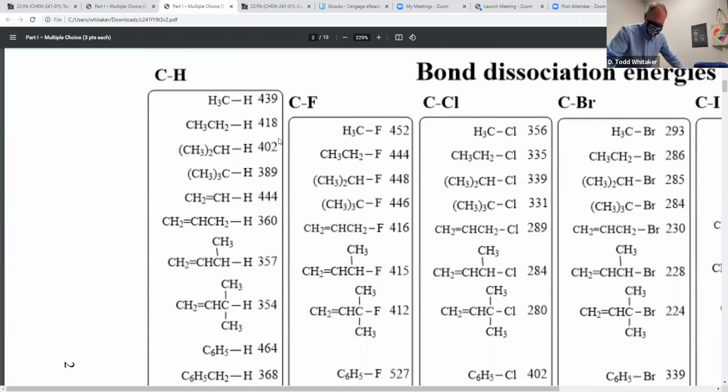Secondary is plus 402. I'm just scribbling as I go. Remind yourself why I said plus. Primary allylic, plus 360. Plus 357, we have a winner. Of those 3 numbers, the fastest one to break will be the lowest number.